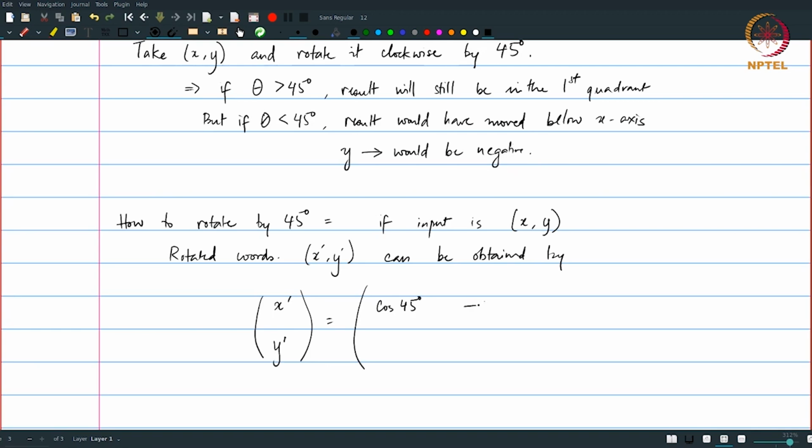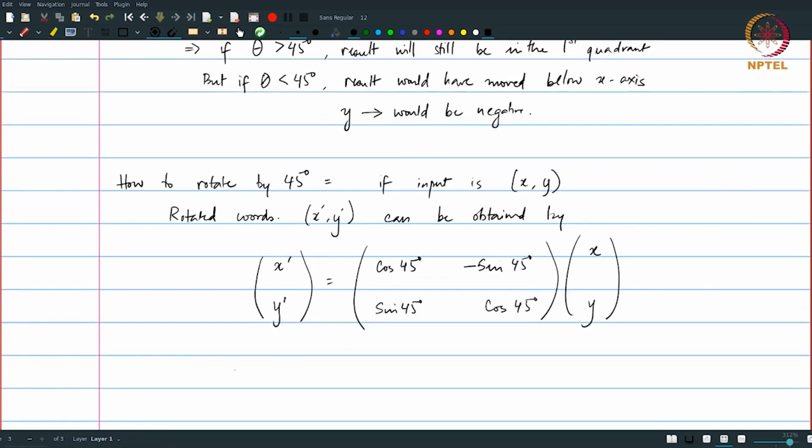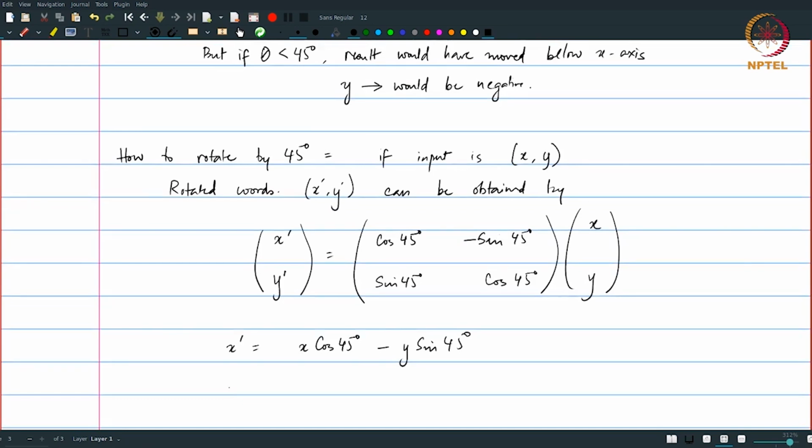Cos 45 degrees, minus sine 45 degrees, sine 45 degrees and cosine 45 degrees, times x, y. In other words, x prime is equal to x times cos 45 minus y times sine 45 degrees, and y prime will be equal to x sine 45 degrees plus y sine 45 degrees.